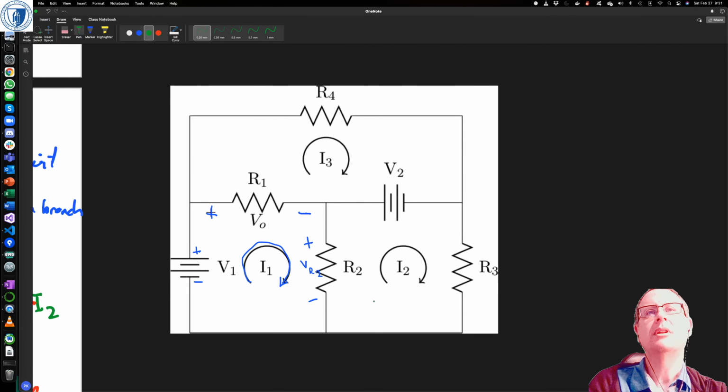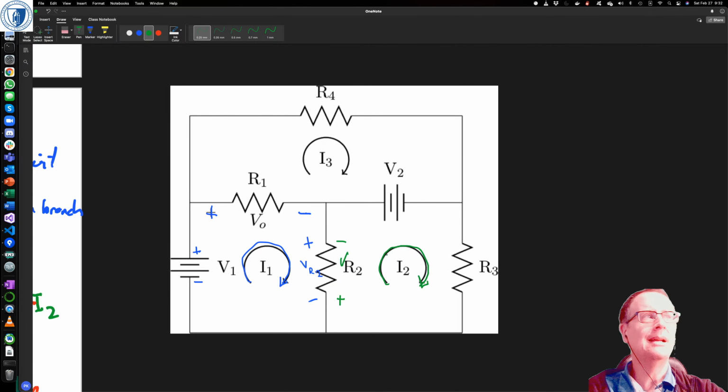We've got the mesh current defined already, but again, I suggest you have a look at what that means. So here's VR2, and you'll notice that the polarity of VR2 when we're thinking about I2 is different from the polarity of VR2 when we're thinking about I1.